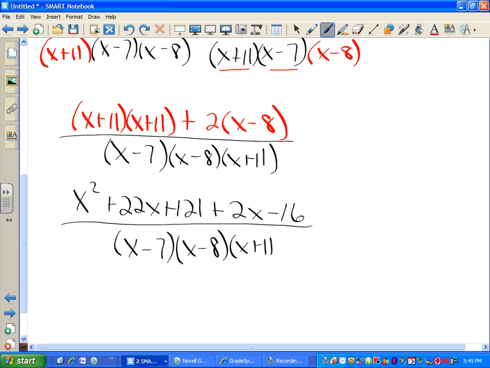Now let's combine our like terms. X squared, there's no more x squared, so this is going to be x squared. We have a 22x and a 2x to make 24x. And then we have 121, take away 16, which will give us positive 105.